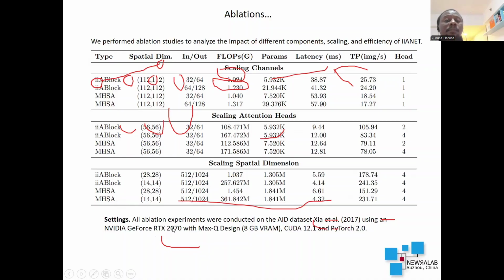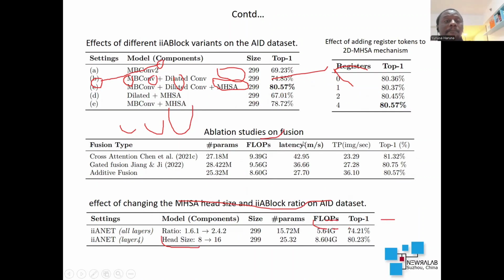For our ablations, all ablation experiments were conducted on the aerial image dataset using an NVIDIA GeForce 2070, CUDA 12.1, and PyTorch. We continue with the ablation on the effect of different iiABlock variants on the aerial image dataset. We played around with different components.